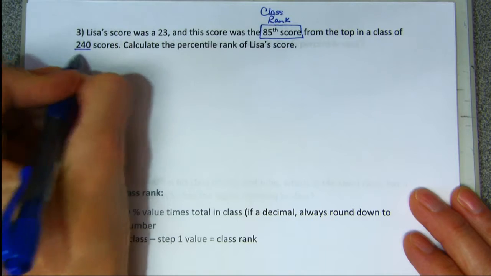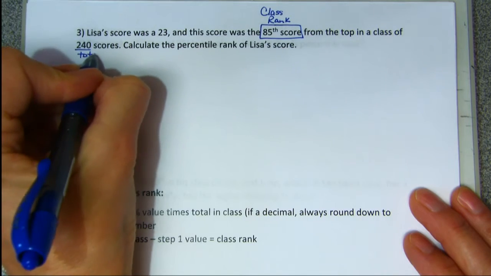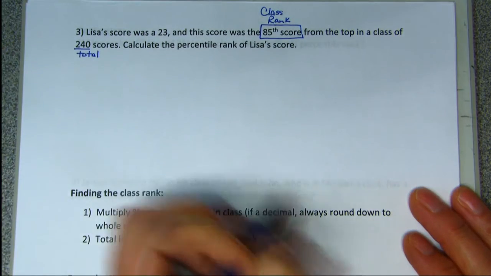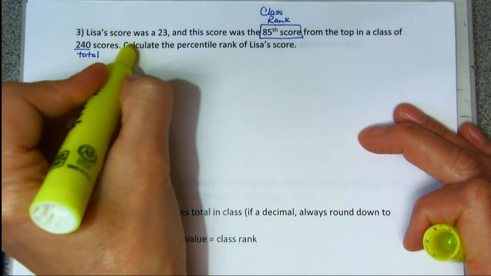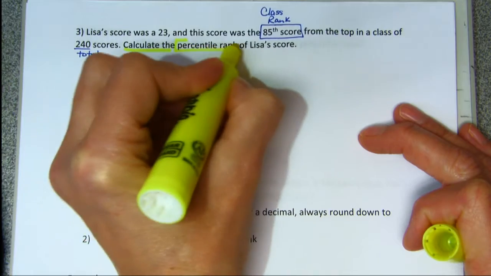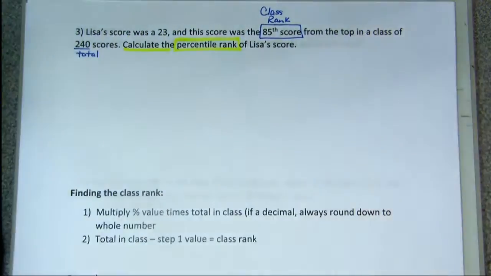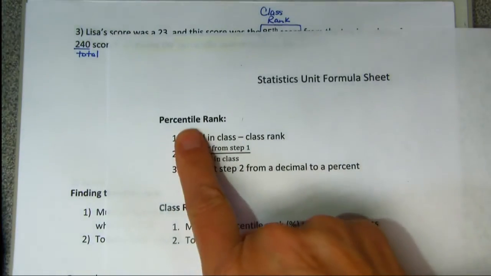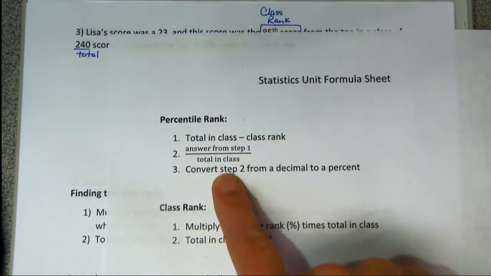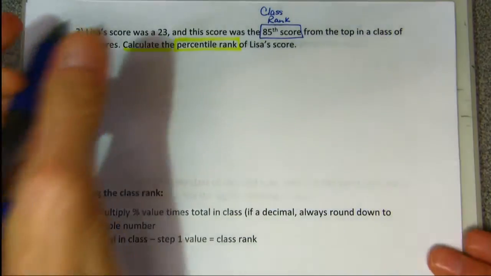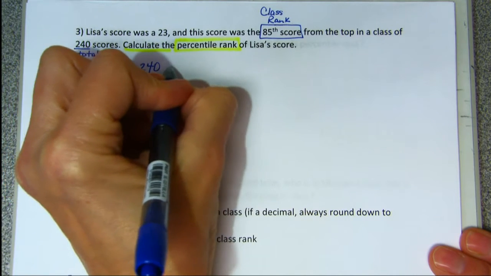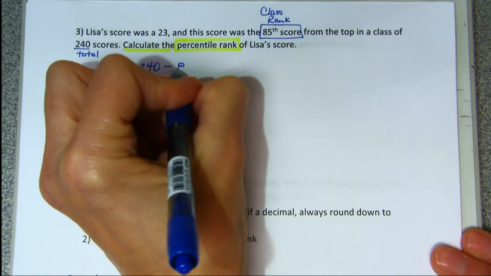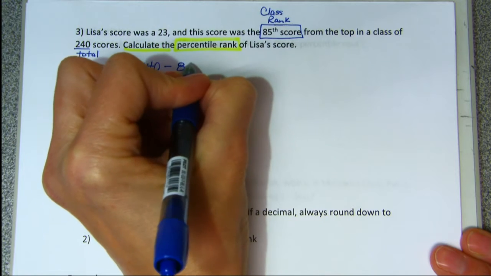So this is the total. So it says calculate the percentile rank. All right, so that tells me it is asking for the percentile rank, so I'm going to follow these steps. So step 1 was to take the total minus where her score was, or her class rank, which was 85.